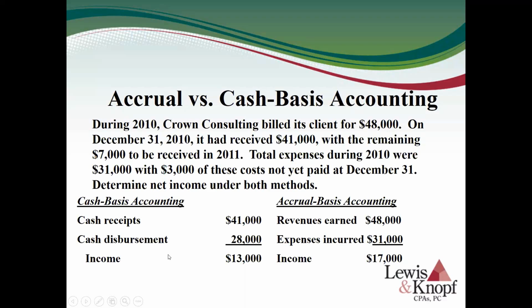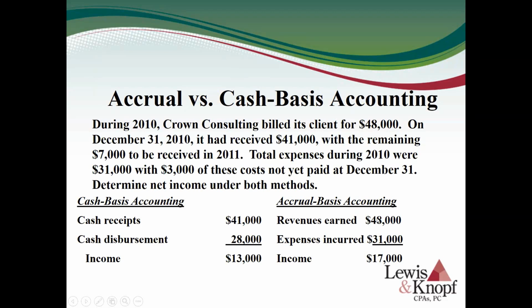So for the cash basis, they deduct the one that has not been paid. Even though they have spent 31,000, because money has not been paid out, they won't recognize it. They are only recognizing the expenses that they have paid, which were supposed to be 31,000, but they paid only 28,000, left with 3,000 to pay. So they recognize only 28,000 here.